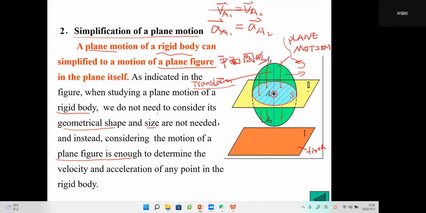That's why we do not need to consider the geometrical shape and size of this rigid body.